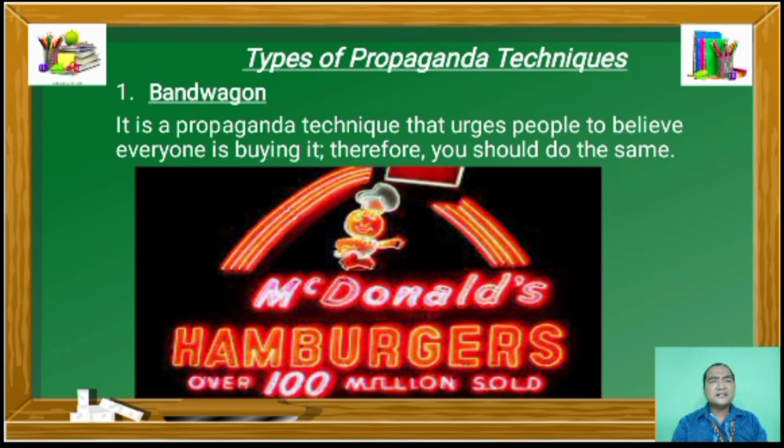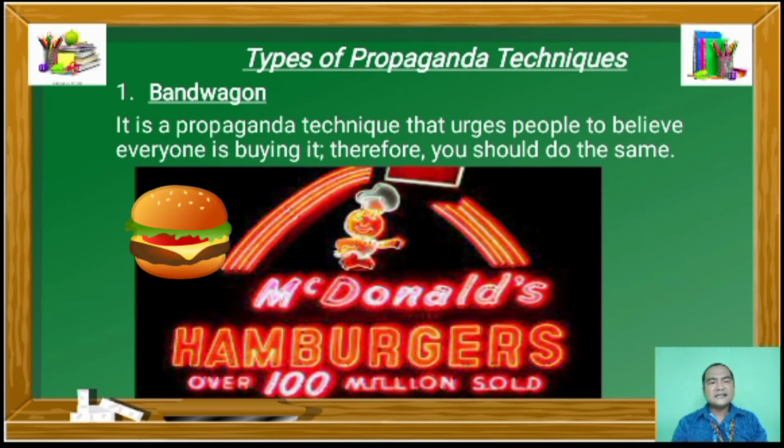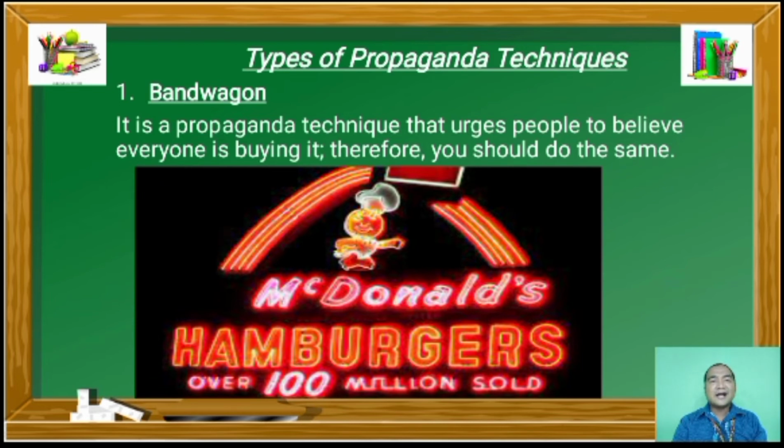We have here McDonald's hamburgers. Over 100 million sold. The intent of the message, over 100 million sold, is to make other people feel that a lot of people are buying McDonald's hamburgers, and those who are not buying will be left behind.